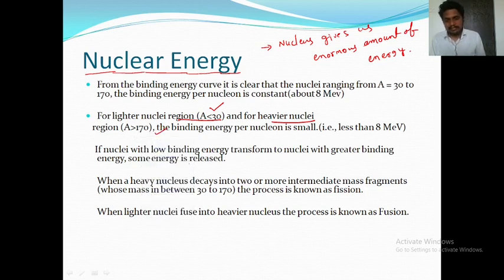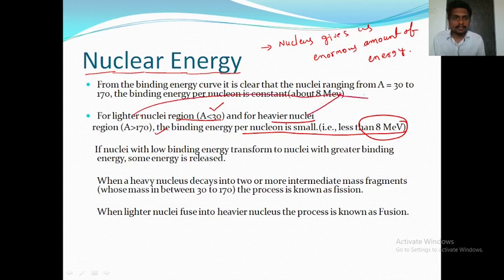In both, the binding energy per nucleon is small, less than 8 mega electron volts. So lighter and heavier nuclei are unstable because their binding energies are small.